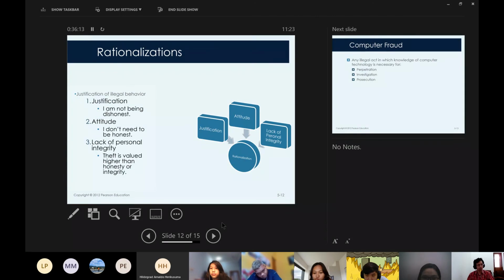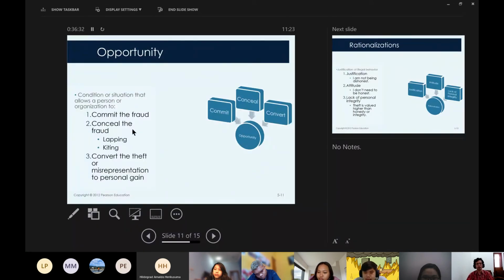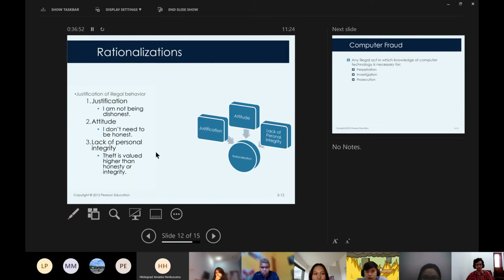Yes, they probably start as good, honest employees, but after years and years of working, people change, some because of their greed, some because of circumstances, things like that. Basically, there is nothing you can do about it. But a company could do something about opportunity, which is creating a condition or situation in which it's very hard for employees to commit fraud. Okay, and that's called internal control, which we'll discuss next week.